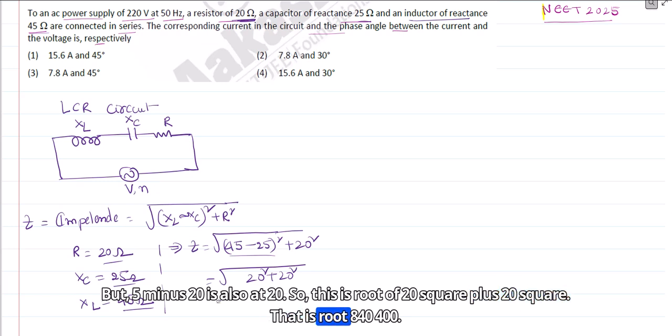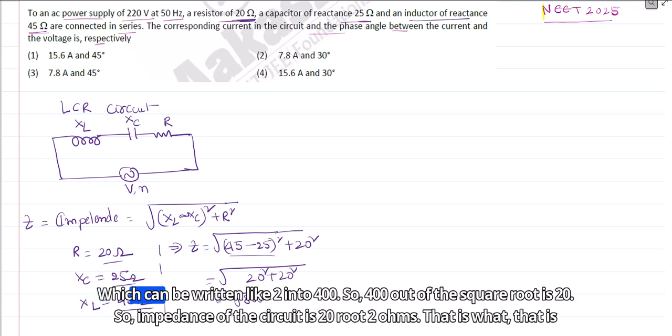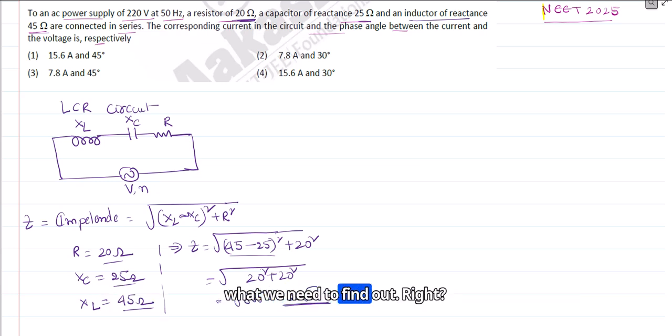That is root 800, 400 and 400, which can be written as 2 into 400. So 400 out of the square root is 20. So the impedance of the circuit is 20 root 2 ohms. That's what we need to find out, right?